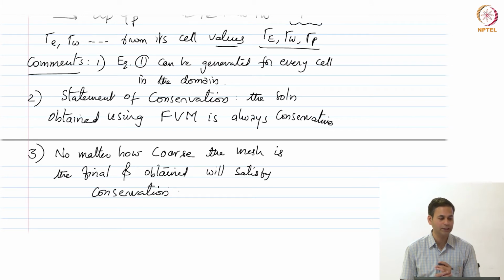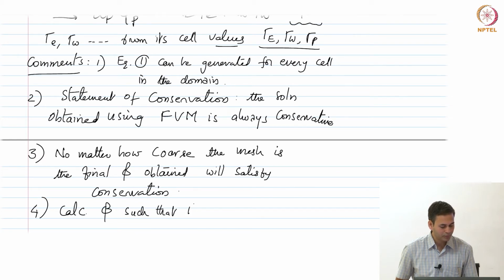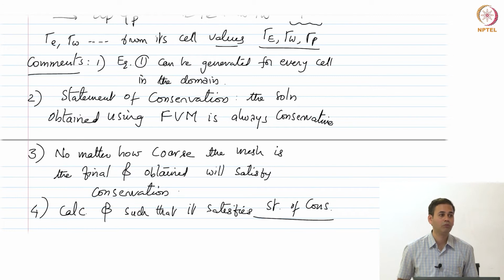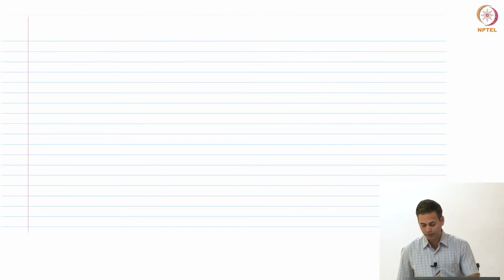I can take any number of cells, but every phi that I get for each of these meshes will satisfy conservation, because I am calculating phi such that it satisfies the statement of conservation. So every phi that we get for any number of cells in the domain always satisfies conservation. Now are those correct, are they accurate? They need not be accurate, but still what you get is a statement of conservation. That is the usefulness of the finite volume method.